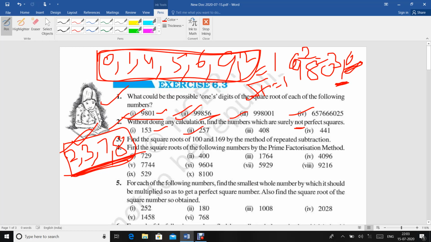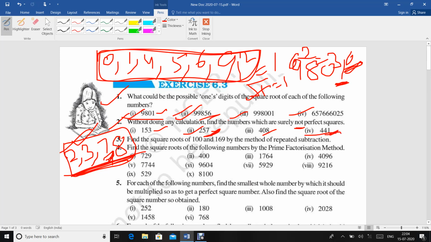The next part is 257. Also 7 is present here, and in this number 7 is the unit digit. If the unit digit is 7, it is not a perfect square. Similarly here is 8, so this is also not a perfect square.